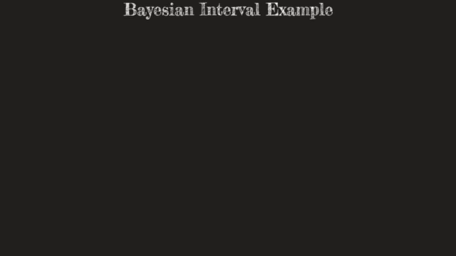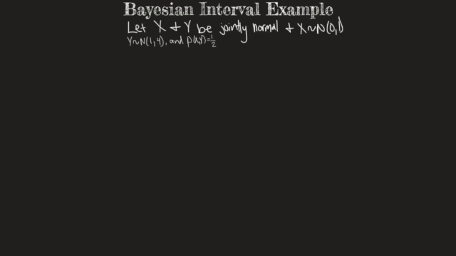We're going to let x and y be jointly normal, where x comes from a normal distribution with mean 0 and variance 1, and y comes from a normal distribution with mean 1 and variance 4. For this example, we want to find a 95% credible Bayesian interval for x, given that y equals 2 is observed.